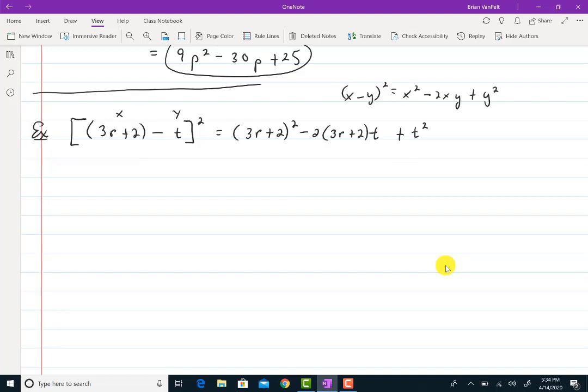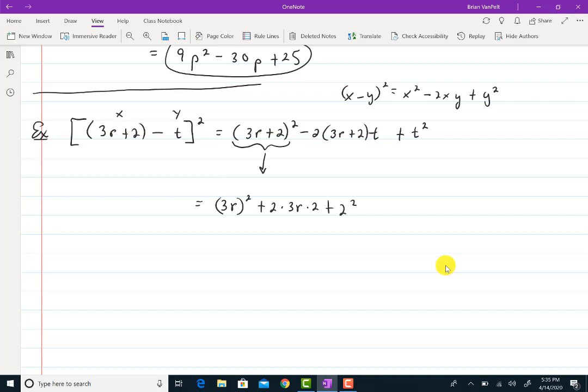All right, what I'm going to do next is this guy right here, I'm going to use the FOIL method on that, but I'm going to use the formula that we developed before. So for that piece right there, I'm going to get 3r squared plus 2 times 3r times 2 plus 2 squared.